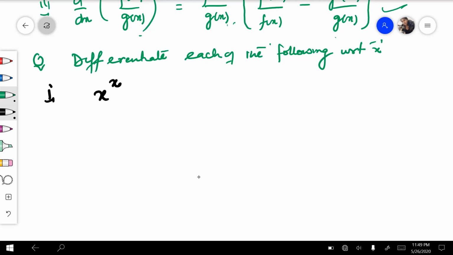अभी तक में हमने नंबर रेज टू पावर वेरिएबल किया था या वेरिएबल रेज टू पावर नंबर किया था.